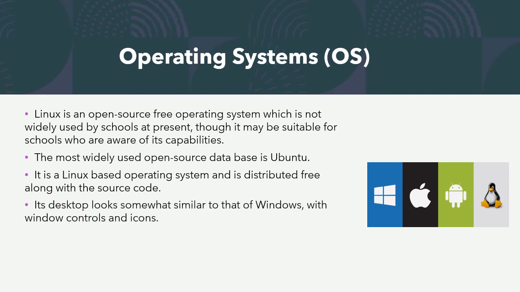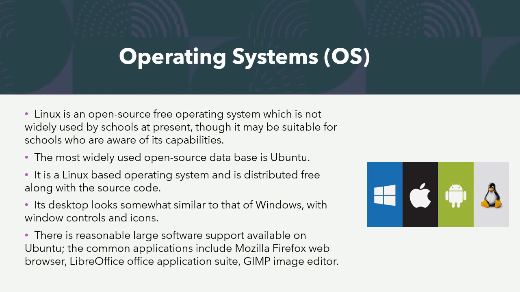Its desktop looks somewhat similar to Windows and the control icons of Windows. There is reasonably large software support available on Ubuntu. Common applications include Mozilla Firefox, LibreOffice, and the GIMP image editor.